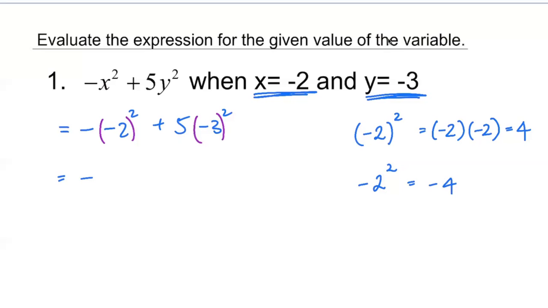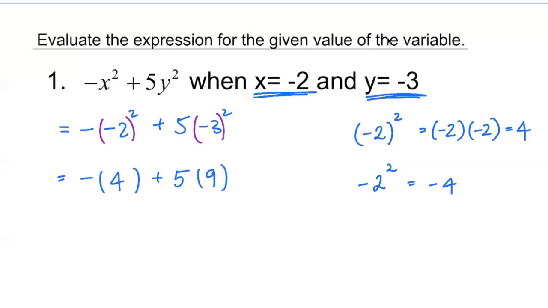All right. So we say, what's (-2) squared? Well, -2 times -2, as we saw on the right-hand side, is equal to 4. Plus 5 times, well, (-3) times (-3) is 9.